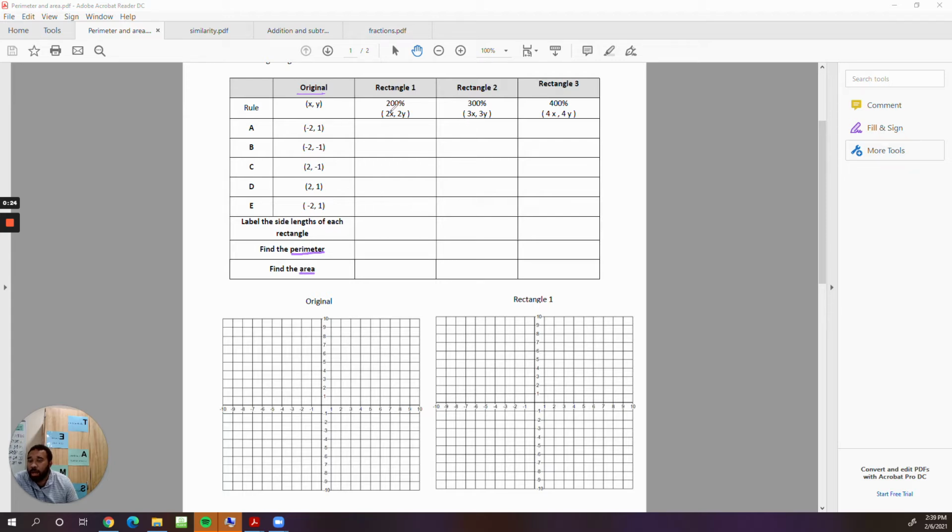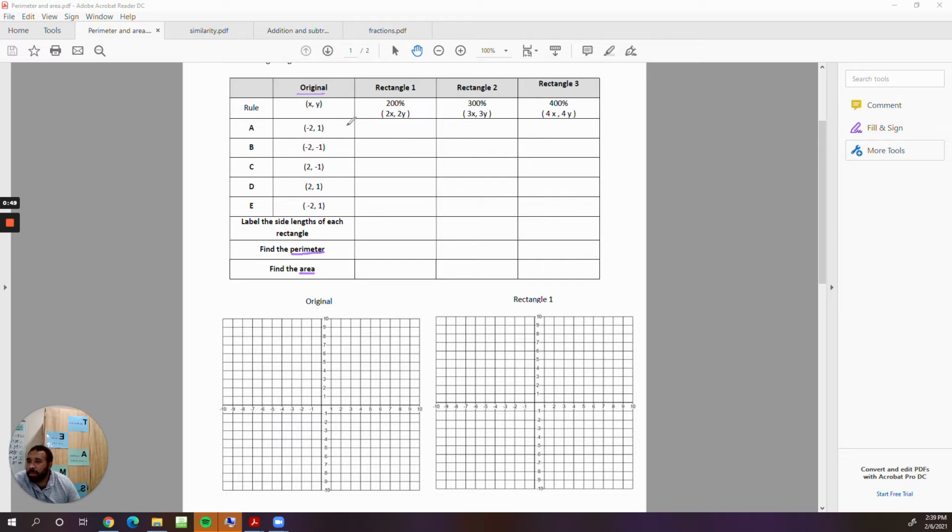We're going to try multiplying the x and the y by 2, multiplying the x and the y by 3, and multiplying the x and the y by 4, and seeing what effect that has on the perimeter and the area. As you're working through this, you should be looking for a pattern to start to emerge.